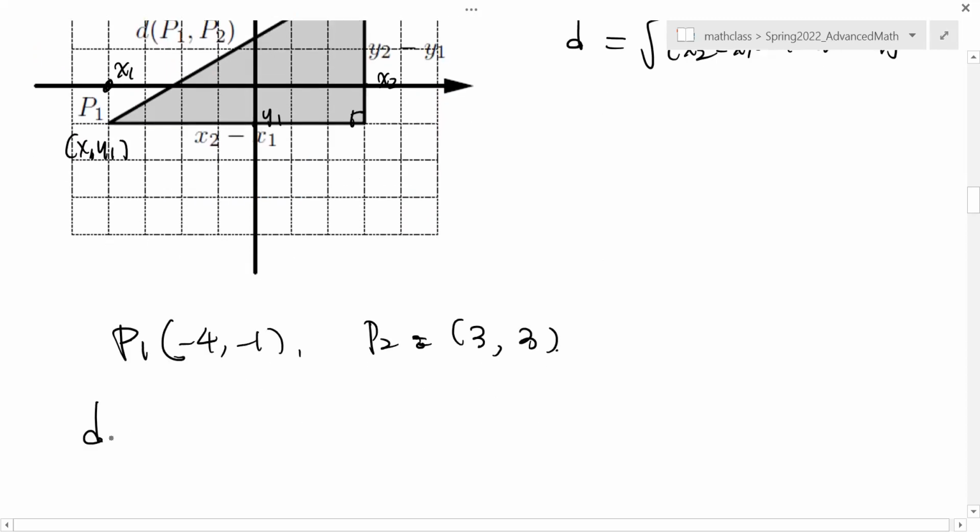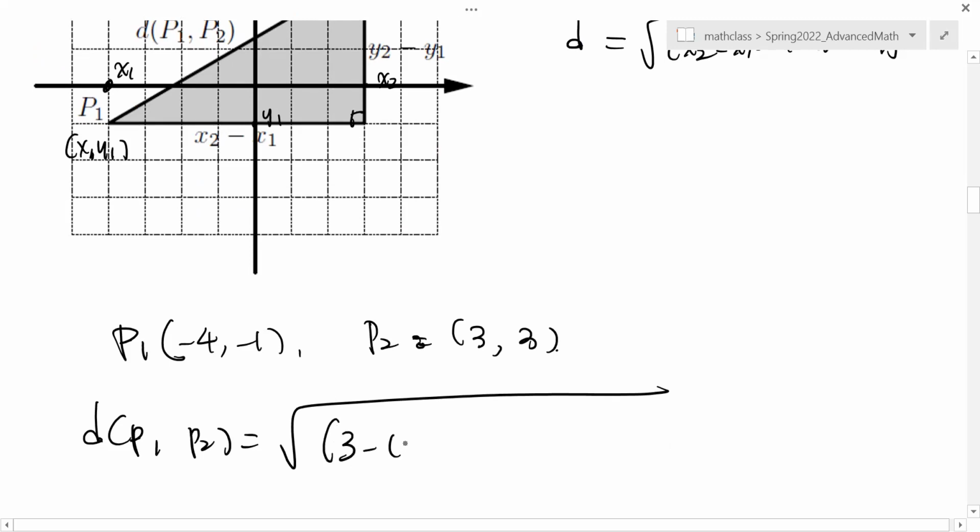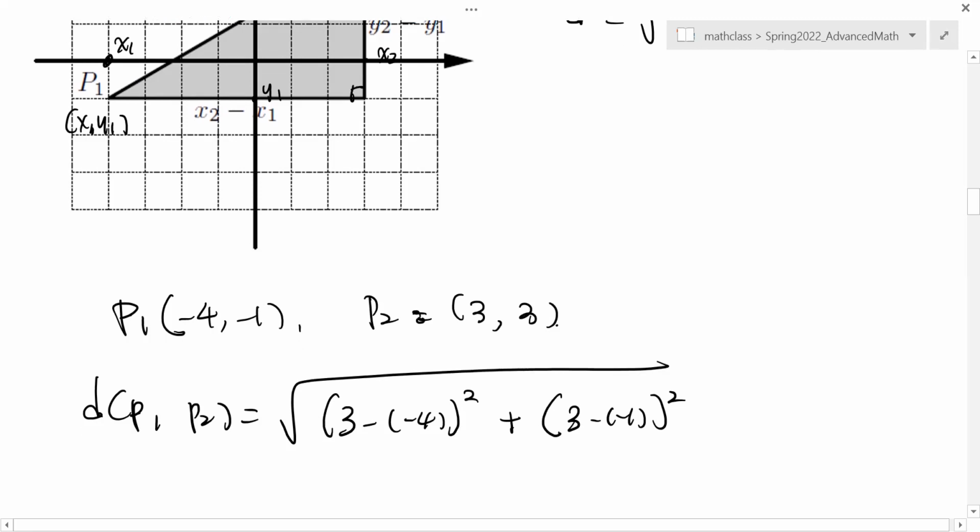The distance between P1 and P2 is going to be the square root of the difference of the two coordinates. So (3 minus -4) squared plus (3 minus -1) squared. The difference in the x coordinates and the difference in the y coordinates.